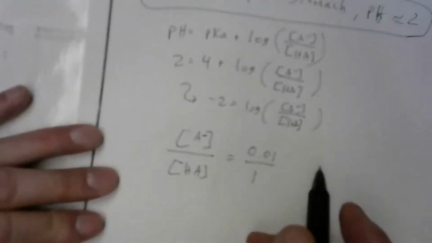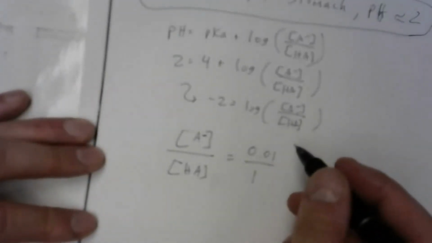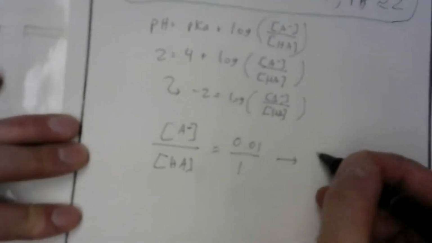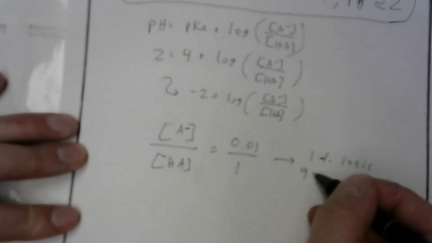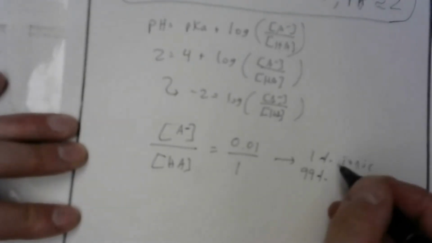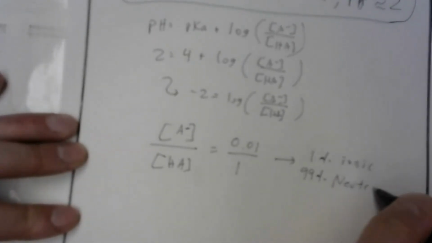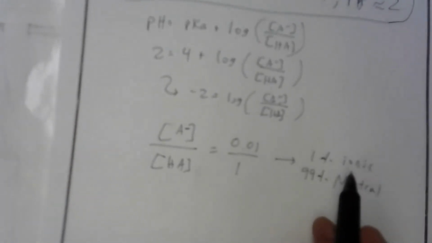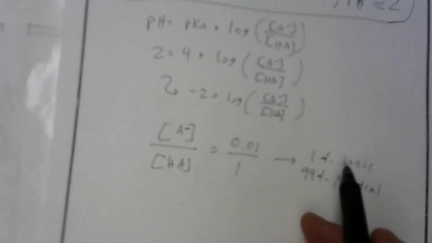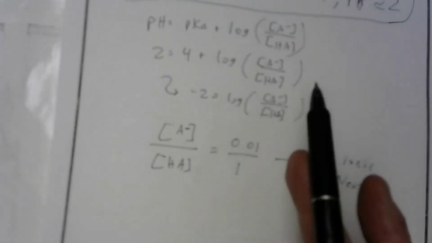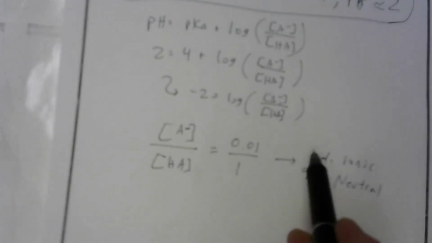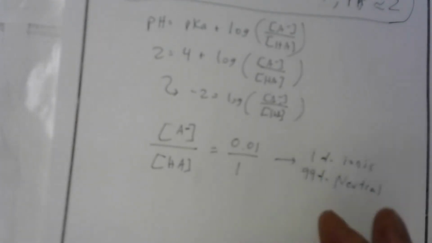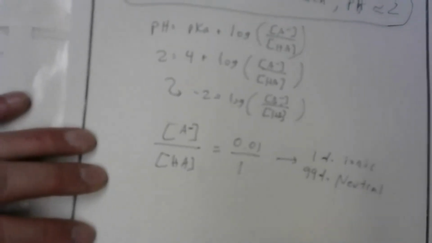So generally speaking, what does that mean? It's about 1% ionic, 99% neutral. So that should absorb quite well into the stomach, and these carboxylic acid drugs are usually absorbed pretty efficiently in the stomach.